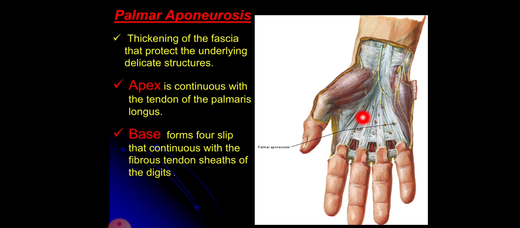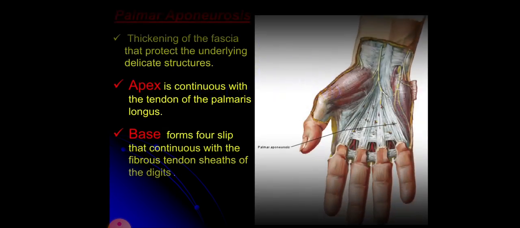The palmar aponeurosis is triangular in shape and has an apex, which provides attachment for palmaris longus muscle. The base of the palmar aponeurosis, at the distal part, is divided into 4 slips that continue with the fibrous tendon sheath of the digit.